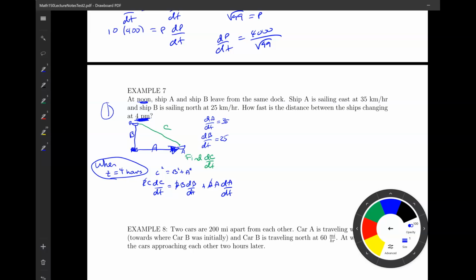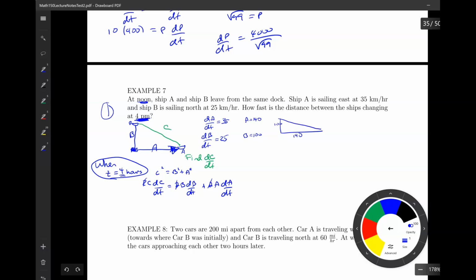So I have A moving along at 35 kilometers per hour, and it's times 4 hours. So that's going to give me 140. So the distance A will be 140 for 4 hours passing. The distance B will be 100. Then let's go figure out the distance C while we're at it. So here's 100.